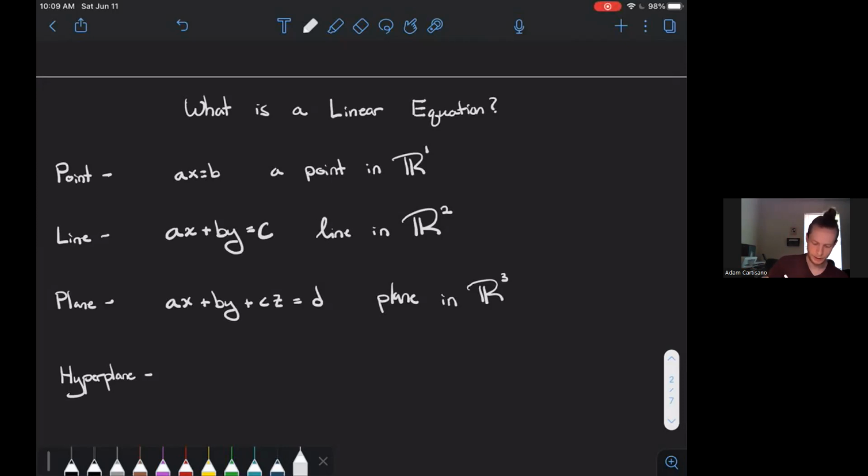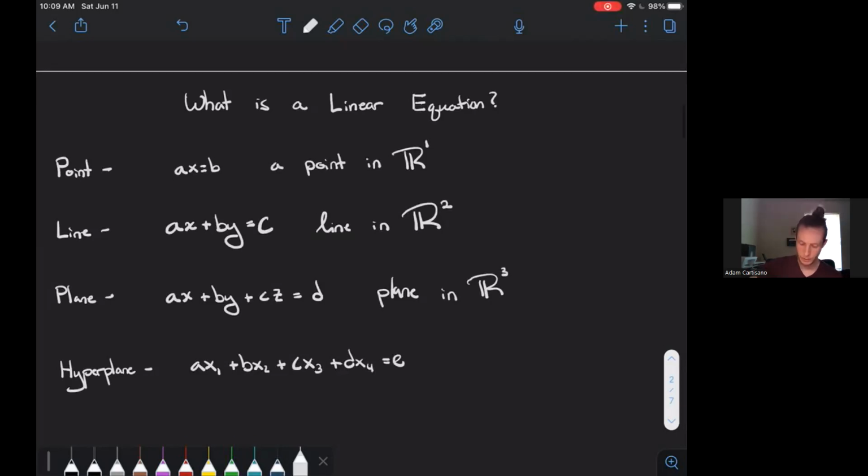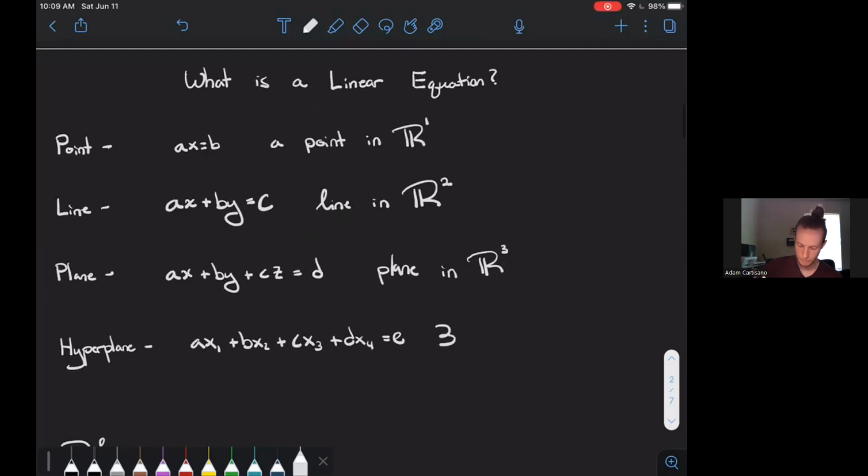So if I did ax1 plus bx2 plus cx3 plus dx4 equals e, for example, this is what's called a three-plane in R4.